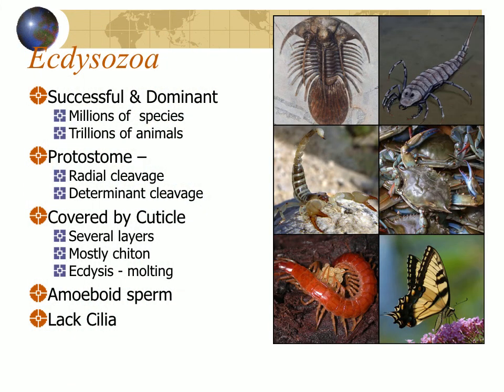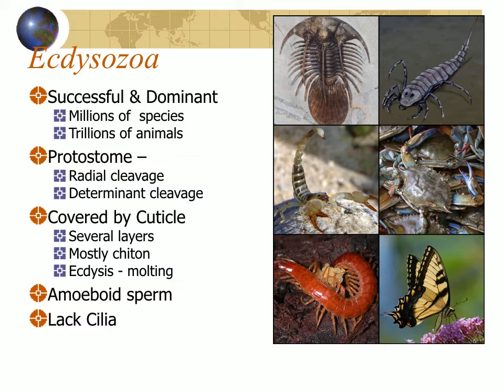Okay, the other big group here of the protostomes are the Ecdysozoa. These are successful dominant groups that contain millions of species and trillions of individual animals. They too are protostomes, but more often exhibit radial cleavage than spiral cleavage, but they still have determinate cleavage.